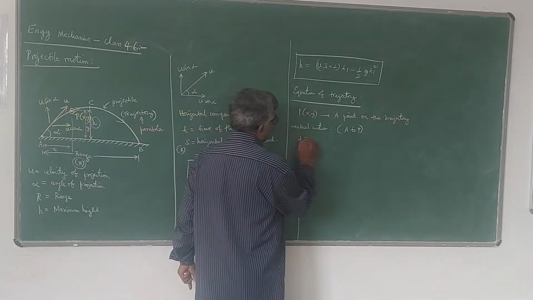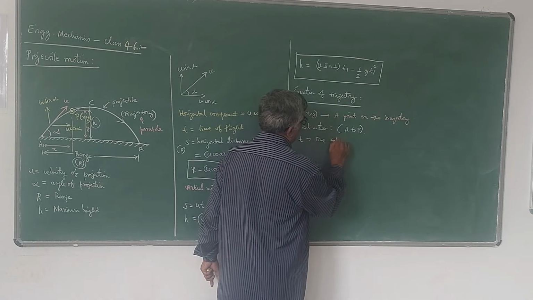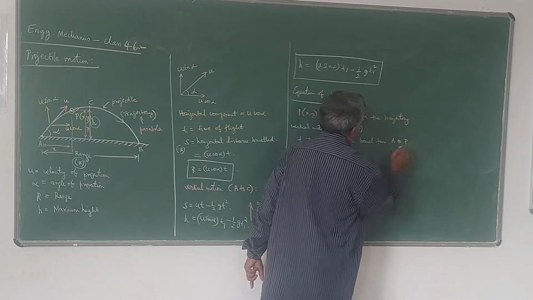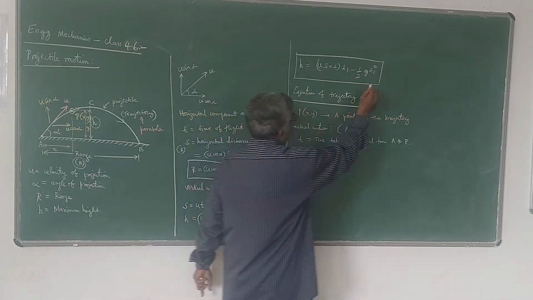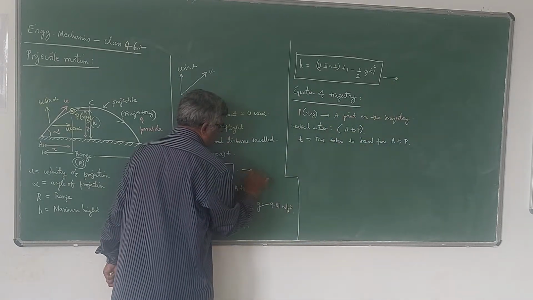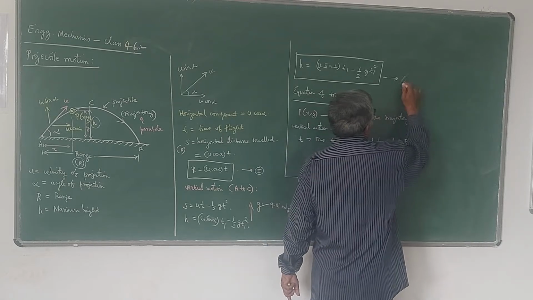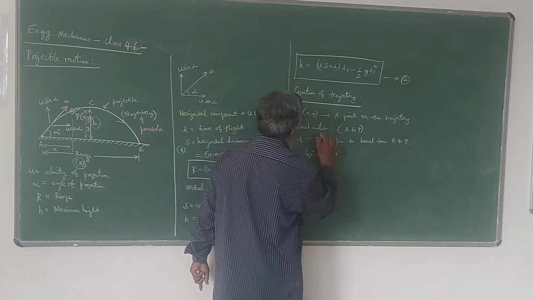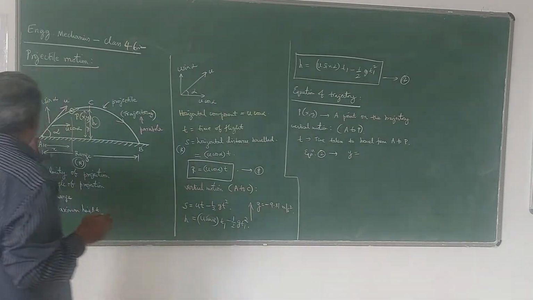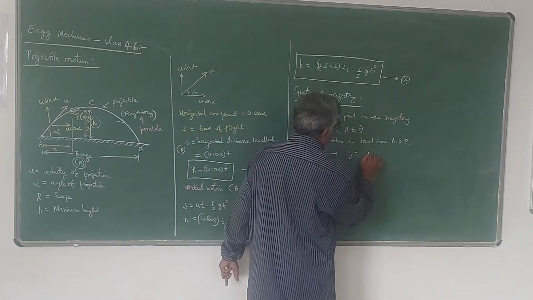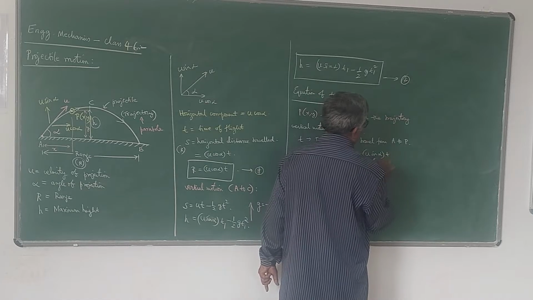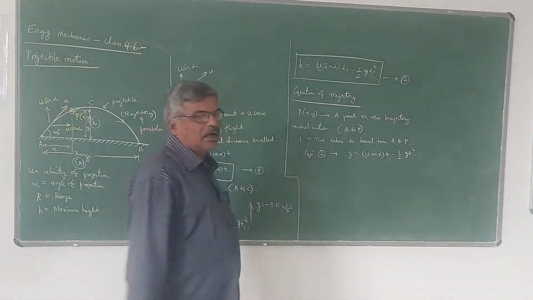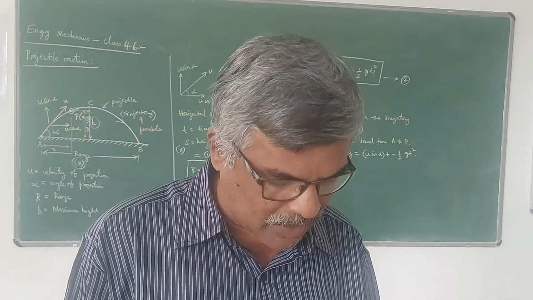I will take t in general, so t is the time taken to travel from A to P. If I take this equation as 1 and this as 2, equation 2 becomes: h becomes y now, because I have taken the motion from A to P. y is equal to u sin alpha, the vertical velocity, remains the same, multiplied by t, the time instead of t1, minus half g t square.